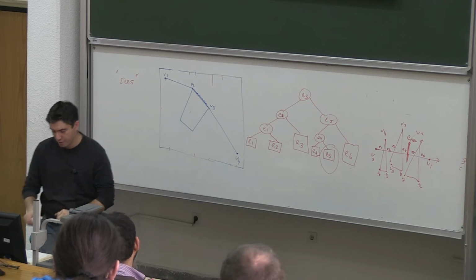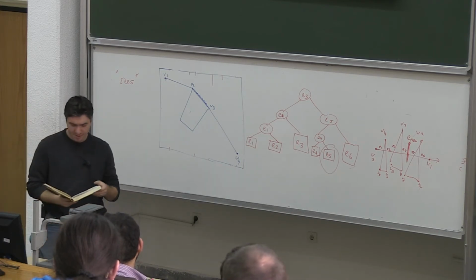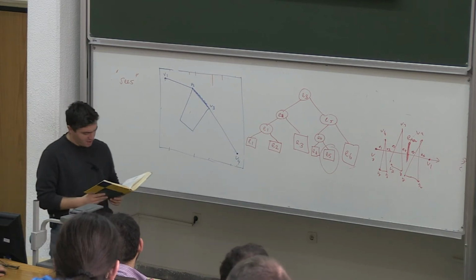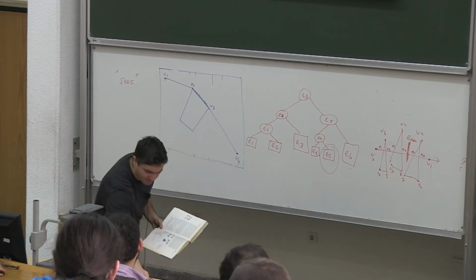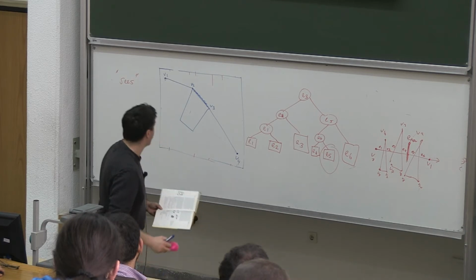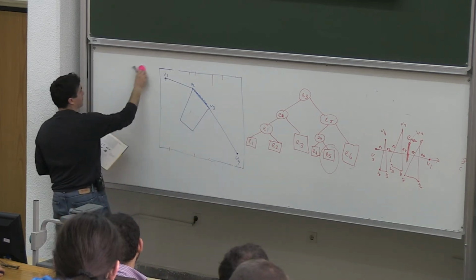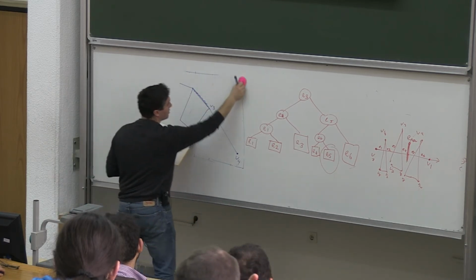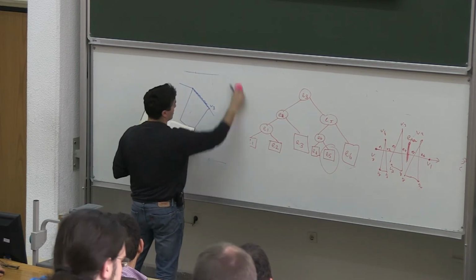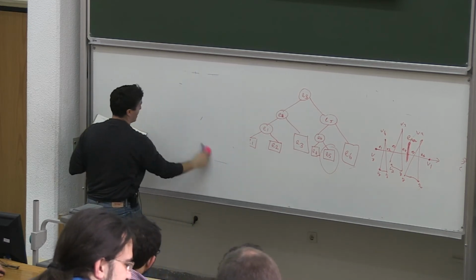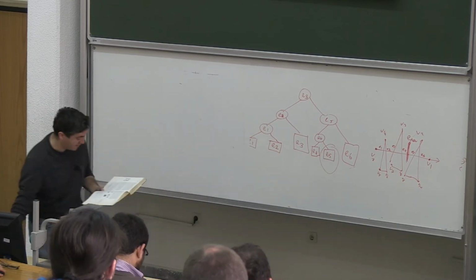Okay, if no questions, let me just finish the main outline of the algorithm, and then we are going to discuss the subroutine after the break. So the main algorithm is then like this.